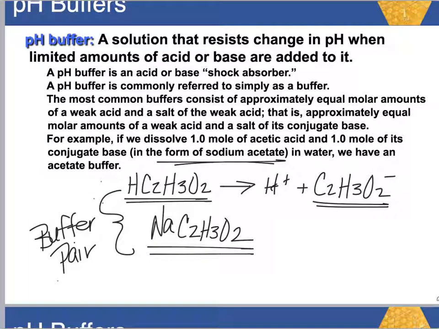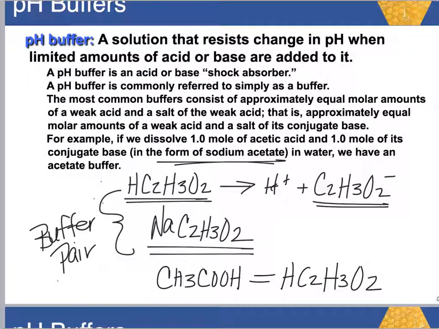I do want to point out that acetic acid is also written as CH3COOH. That is synonymous with HC2H3O2. So they both have, here's your 2 C's, your 4 H's, and your 2 O's. Just 2 ways to write it.